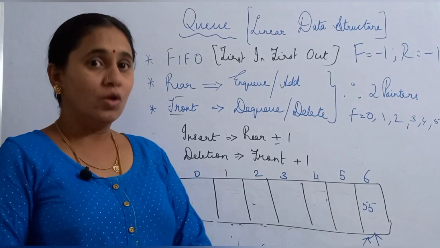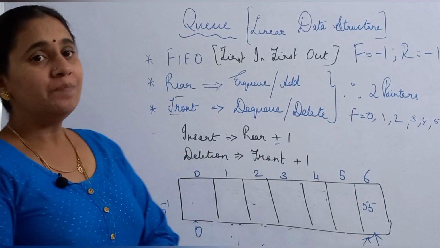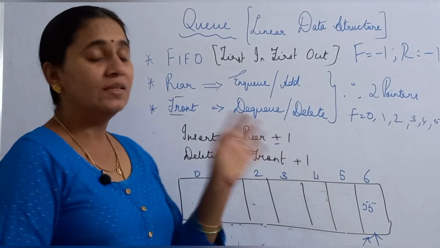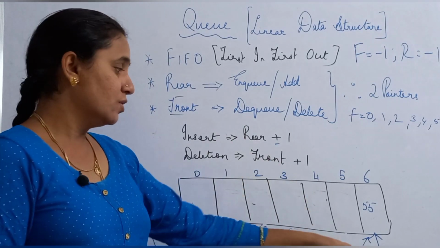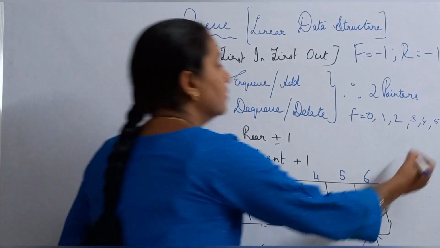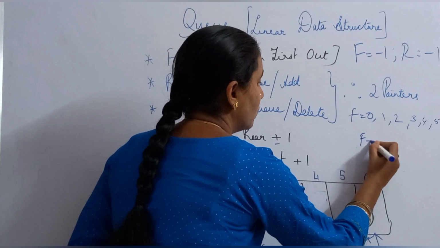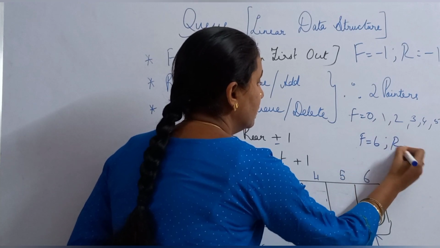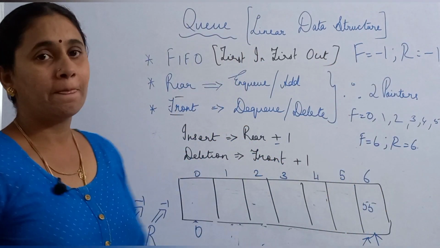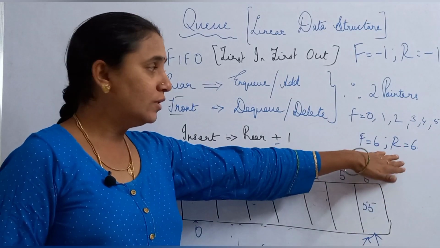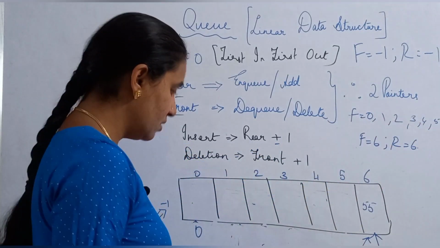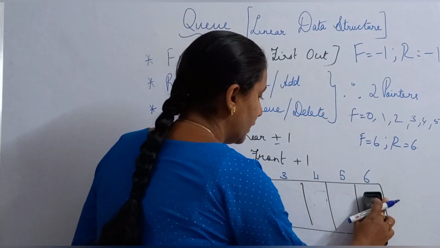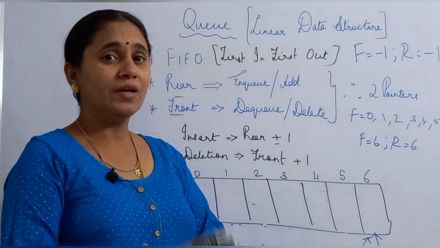Okay friends, are you all clear? Like this only we must do the insertion and deletion. So now at the last, F is also 6 and rear is also 6. Once you delete this 55 also, what will be the value of front and rear?